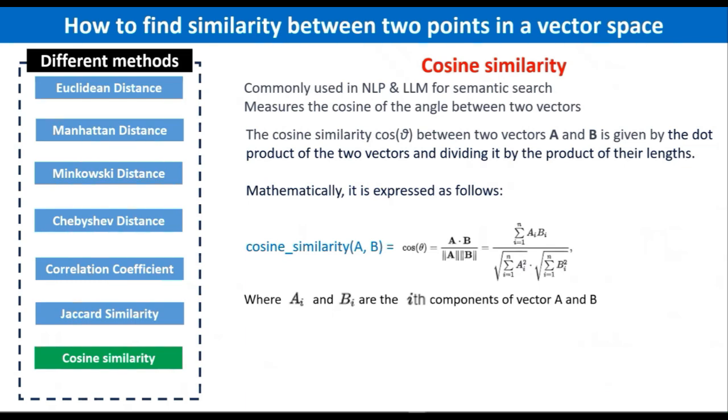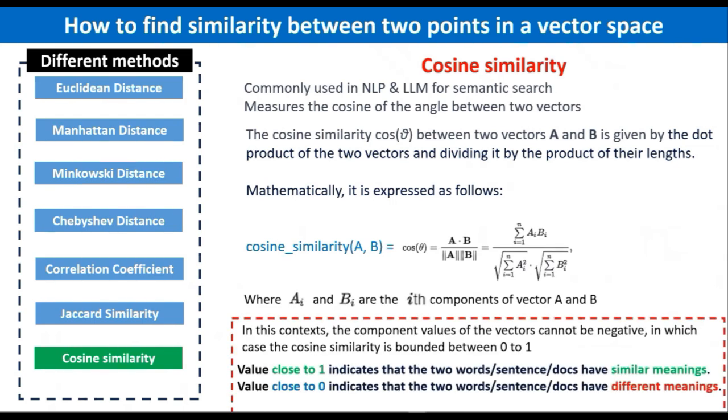So cosine similarity measures the cosine of the angle between two vectors. This is the formula, showing how it is derived mathematically. A value close to 1 indicates that the two words or the two sentences or the two documents have similar meanings. Values close to 0 indicate that the two words or the two sentences or the documents have different meanings.